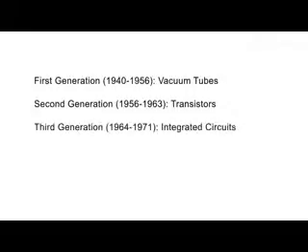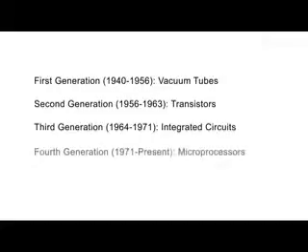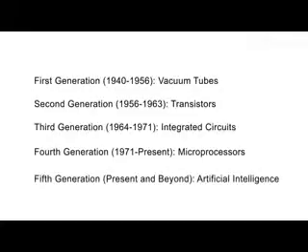Third generation, 1964 to 1971. This used integrated circuits. Fourth generation, 1971 to present day. This used microprocessors. Fifth generation. This refers to the future of computing, where quantum computing is used.